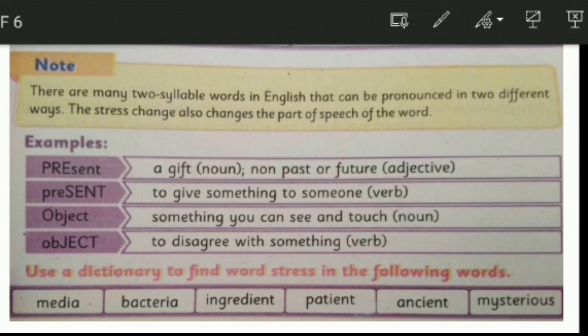Now another one, present, to give something to someone, is used as a verb. Object, with the stress on the first syllable, not the second, is a thing. Object, to disagree with something, is used as a verb.